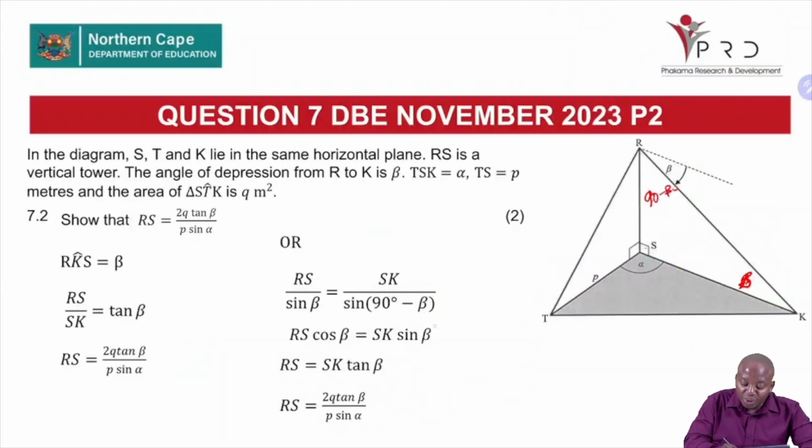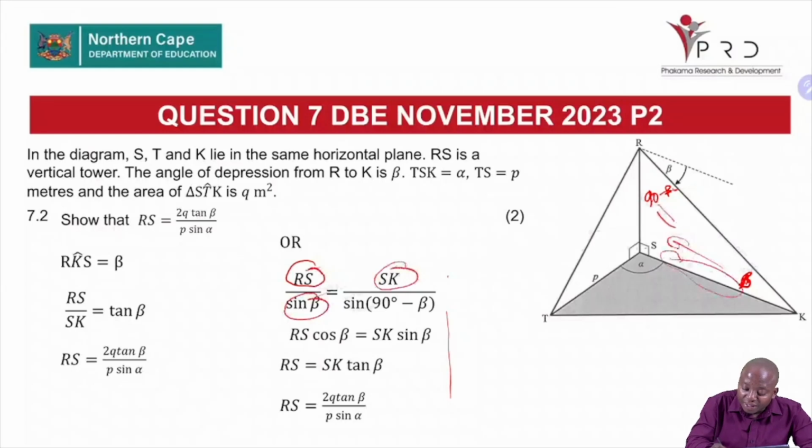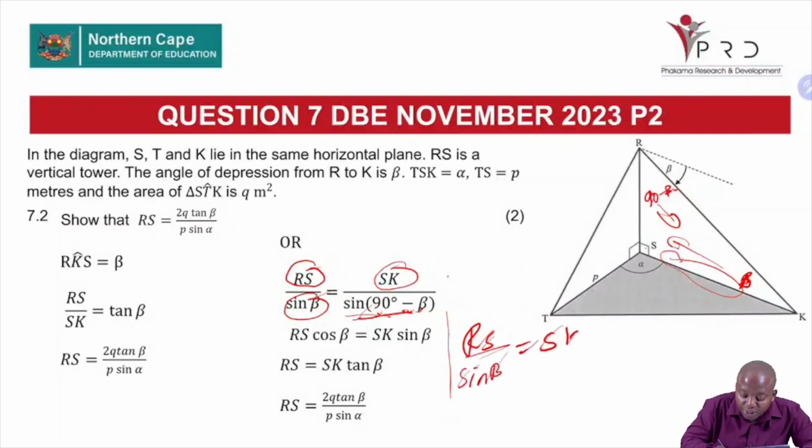So using the sine rule, we say RS over sine beta is equal to SK over sine of 90 minus beta. Now, sine of 90 minus beta is already cos beta. That means we have RS over sine beta is equal to SK over cos beta.